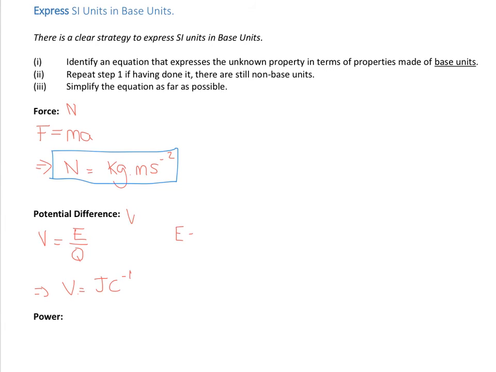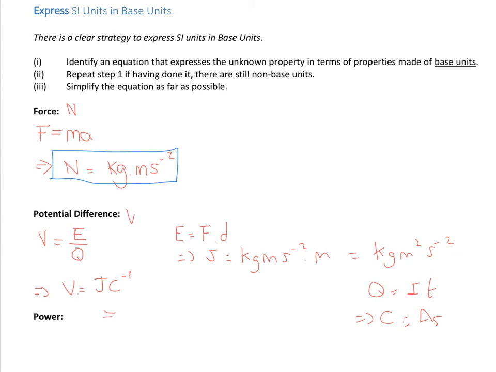energy is a force times a distance, so that means a joule is, we've got it up here, so let's go straight in, kilogram meters s to the minus 2 times by meters, so it's kilograms meters squared s to the minus 2. That's a joule. And charge Q is equal to current times time, which means a coulomb is an amp second.